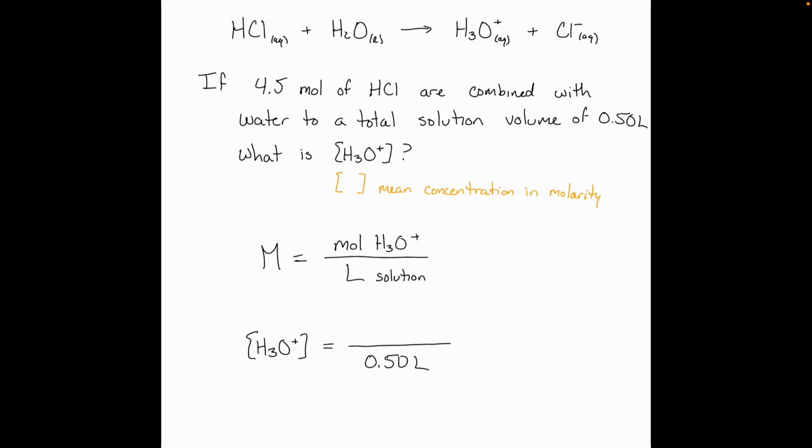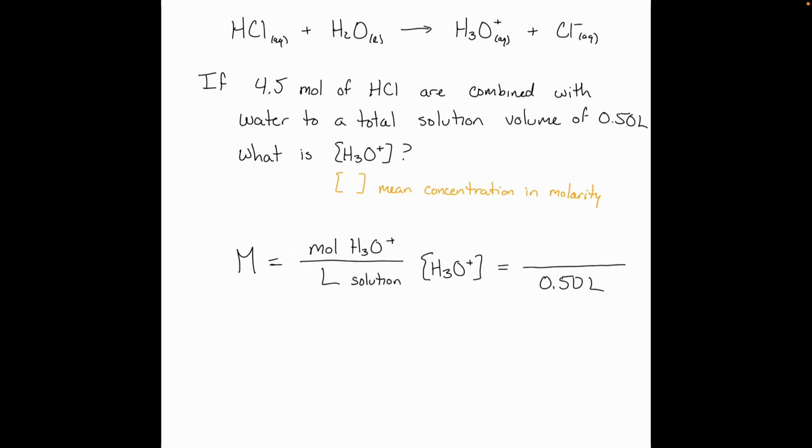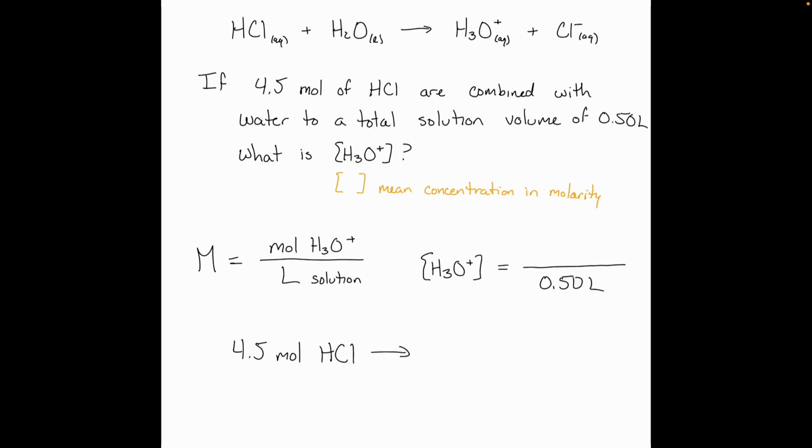So if I start out with 4.5, not liters, sorry, 4.5 moles of HCl, how many moles of hydronium ions am I going to get at the end? 4.5, because 100% of those HCl molecules are converted into hydronium ions.